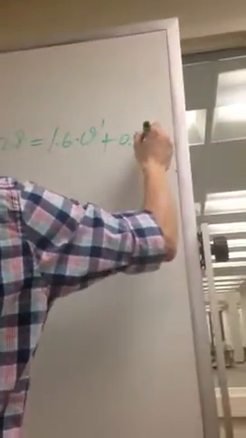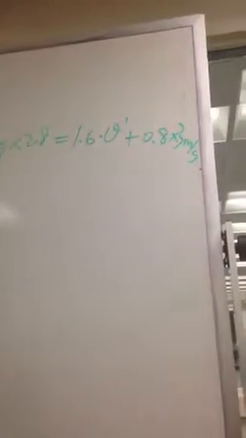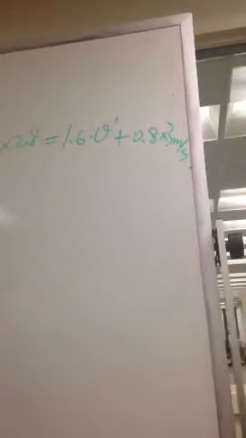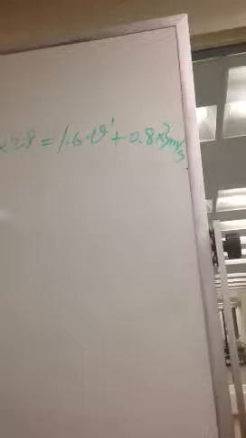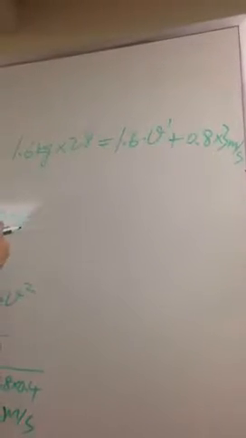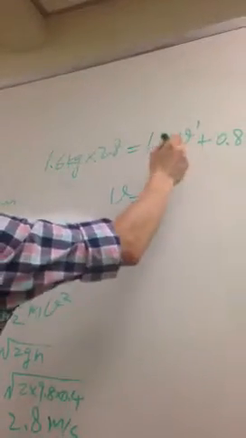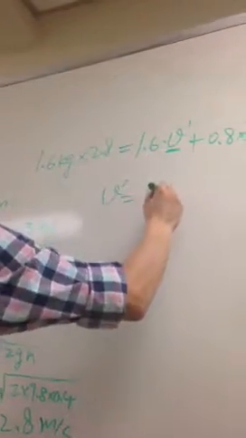0.8 times 3 meters per second, because the speed of this block is 3 meters per second. Right? Do you understand? And then if you calculate the velocity, it will be 1.3 meters per second.